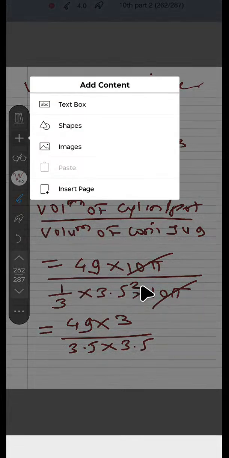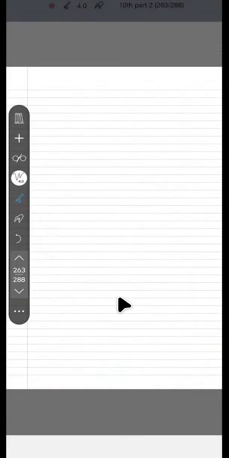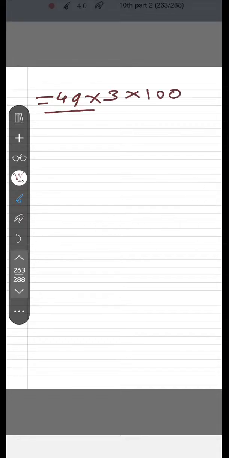Now this problem I can solve in a different way. See, 3.5, 3.5. So I am going to multiply numerator and denominator by 2. So 10 into 10 is 100 divided by 3.5 into 3.5.